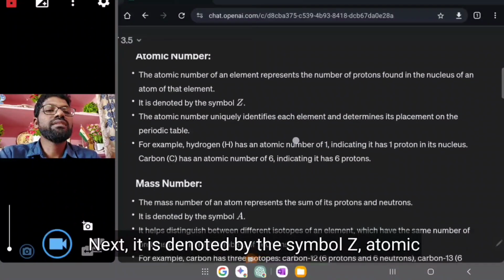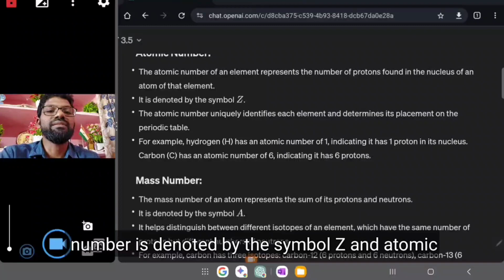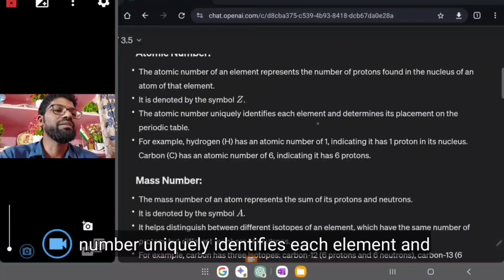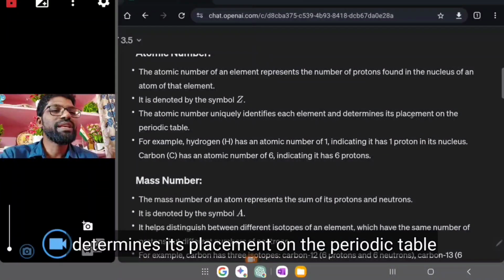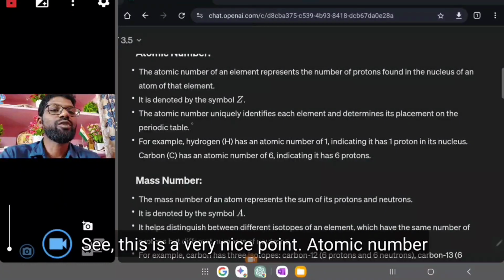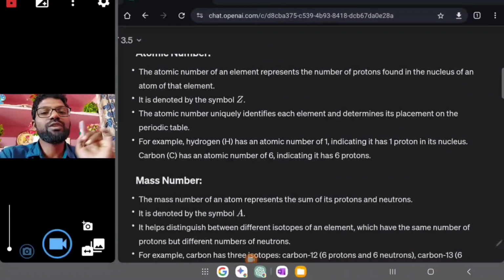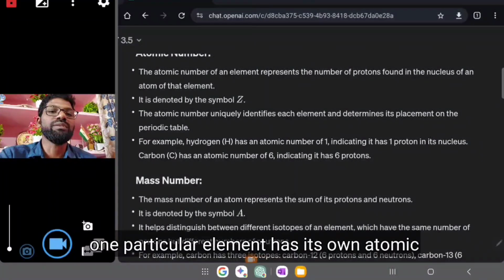Next, atomic number is denoted by the symbol Z, and atomic number uniquely identifies each element and determines its placement on the periodic table. See, this is a very nice point. Atomic number uniquely identifies each element. That means one particular element has its own atomic number.